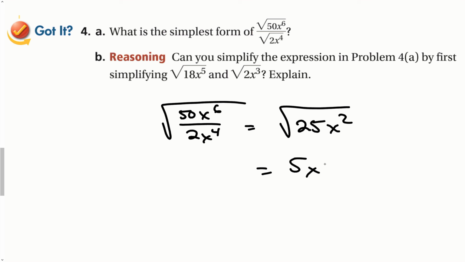Even root, even exponent, odd exponent answer. Because we did this first, because we used this property, we don't need the absolute value signs. Can you simplify the expression in 4a by first simplifying these two things separately? Again, not a good idea because they don't simplify as nicely as they do when you put them together.